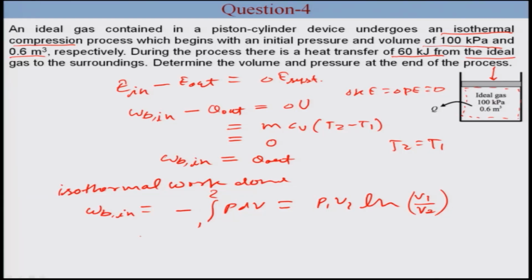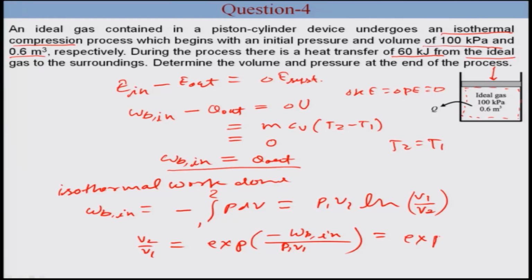So this gives us V2 upon V1 after rearranging, which is exponent of minus W in upon P1 V1. From here we know that W_b is equal to Q out. Plugging this value here, minus Q out upon P1 V1.